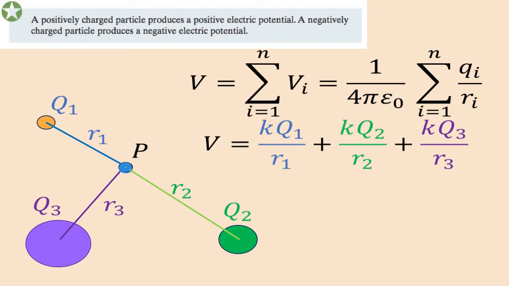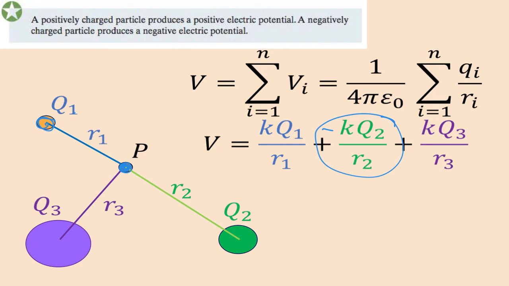So the potential at point P is the potential that Q1 creates there, which is K Q1 over R1, plus the potential that Q2 creates there, K Q2 over R2, et cetera. Remember, if Q2 was negative, this would be a negative number.